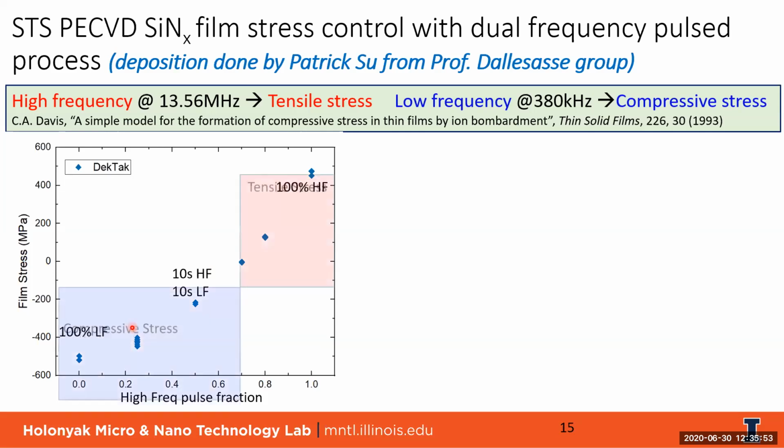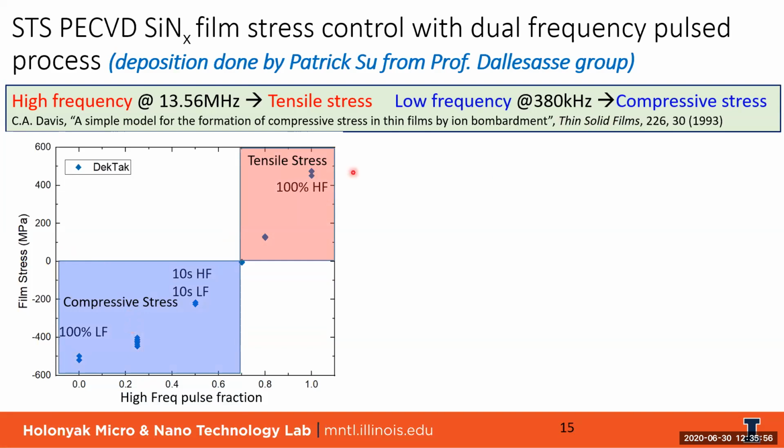And you can see that, as expected, the compressive stress shows up for lower high frequency fractions, basically for fractions less than 0.75. When we go to higher frequency, we see the positive stress, the tensile stress, again as expected.